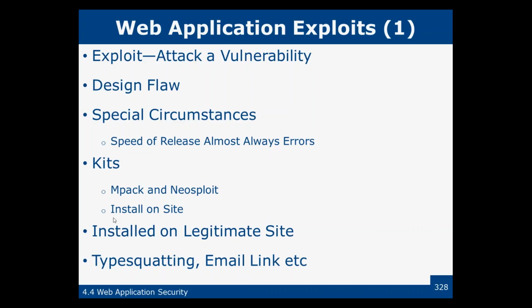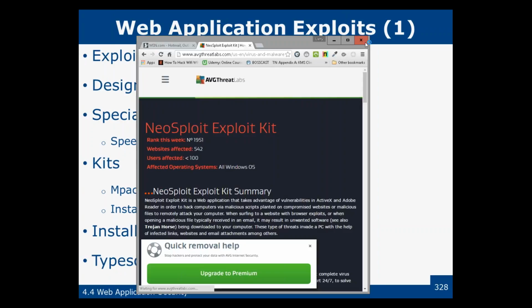Kits, Impact, Neosploit, and you install these on a site. Interesting thing, let me drag this in here a second if I could. This is from the AVG Threat Labs, a Neosploit exploit kit. Neosploit went away, it came back, and then I think that the exploit kit's not being downloaded anymore.